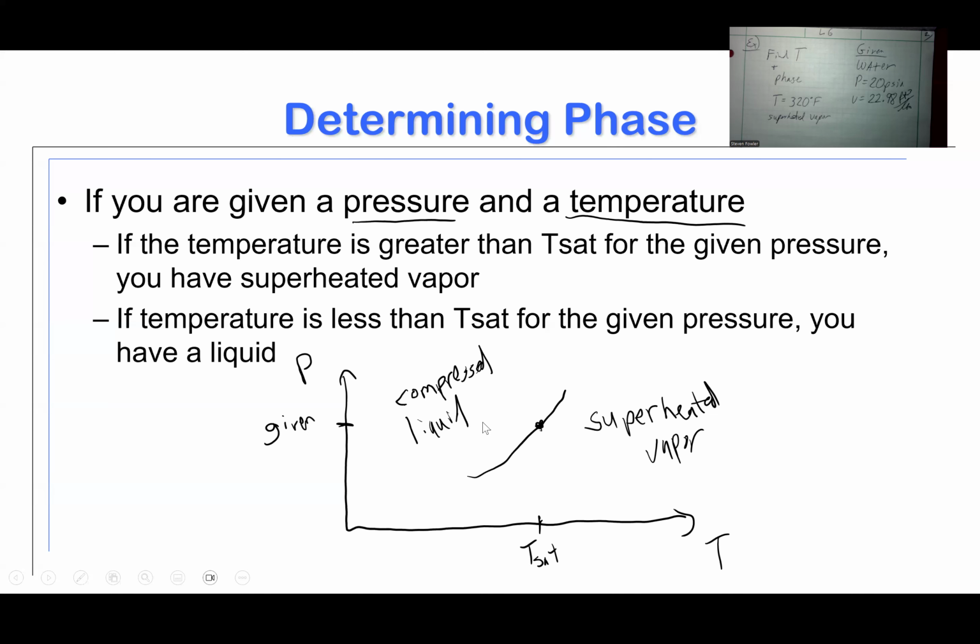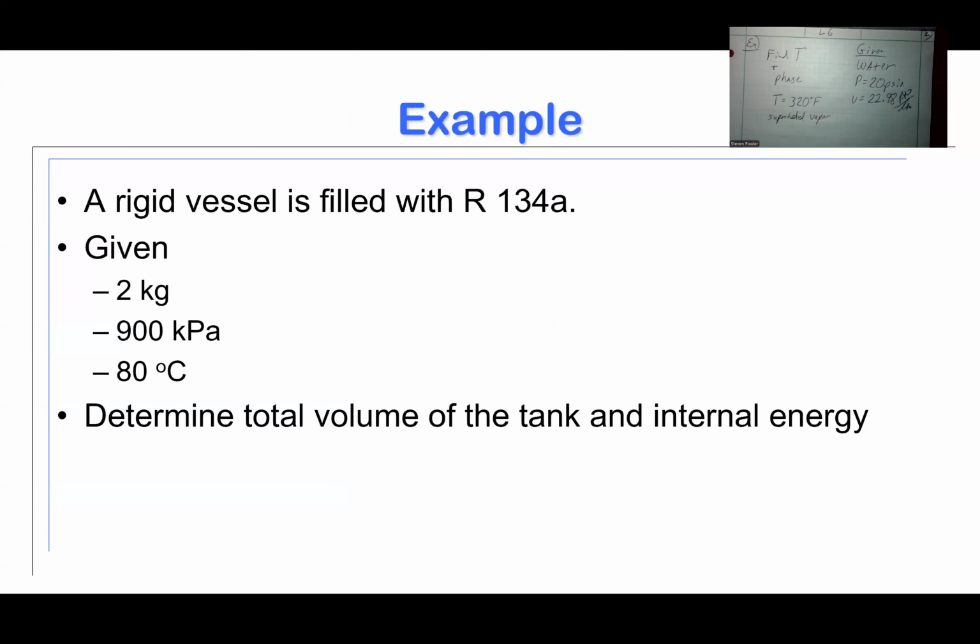So if I've got 1 atmosphere and, say, 300 Celsius, or 300 Fahrenheit for that matter, in both cases that puts me beyond the saturated temperature, in the superheated vapor region. Same thing on the other side. If I've got, say, 60 Celsius or even 60 Fahrenheit, that puts me less than the saturated temperature, over here in compressed liquid. And so that's what it looks like graphically.